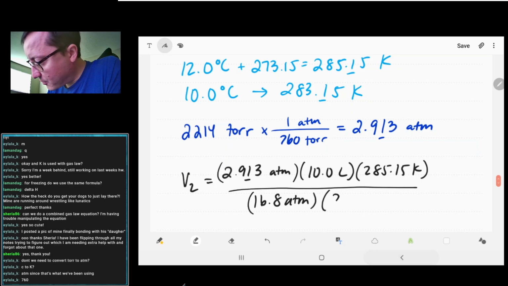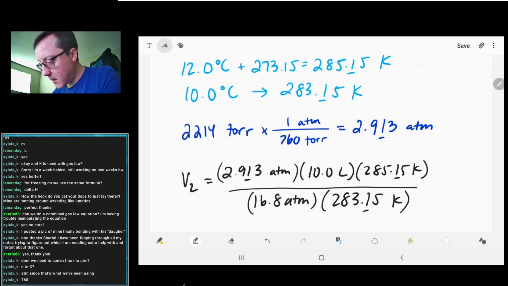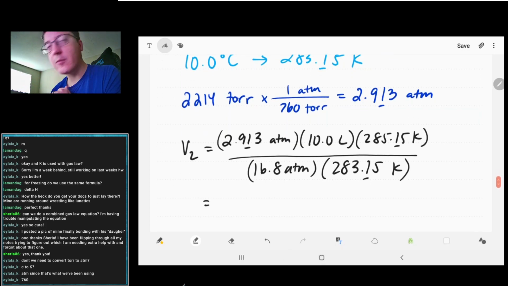And our second temperature, 283.15 Kelvin. Okay, looks like after all this, we're going to get 3 sig figs anyway. Alright, just plug and chug at this point. So that number times 10 times 285.15 divided by 16.8 divided by 283.15. Doing all this, I get 1.75 liters.